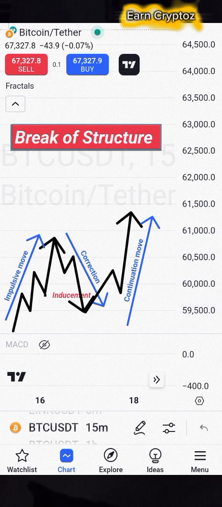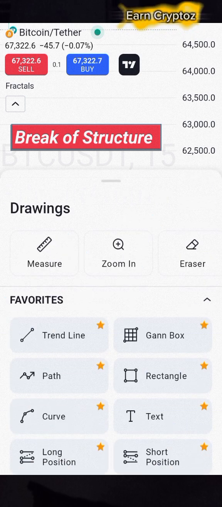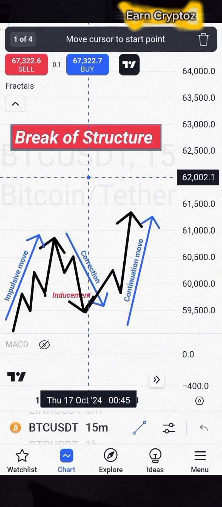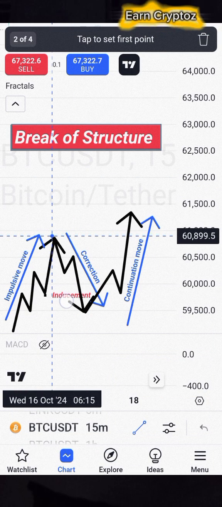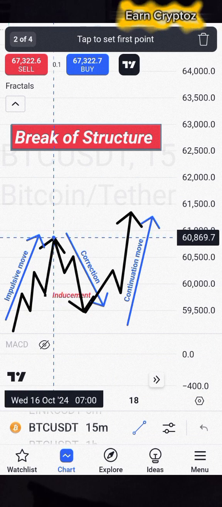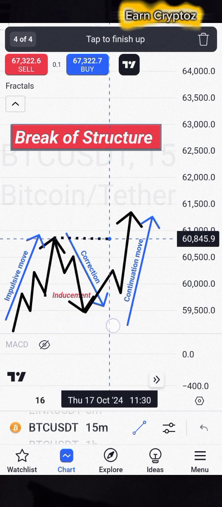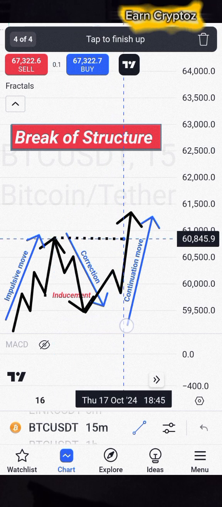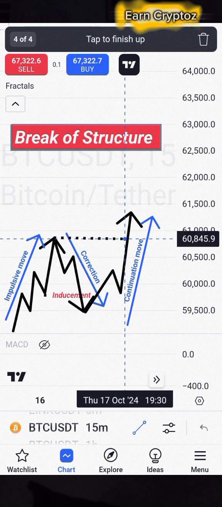All right, so this is breaking the market down step by step. Okay, so where is our break of structure? Right here. Break of structure happens at the top of the first impulsive move.